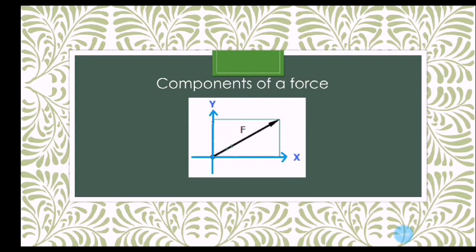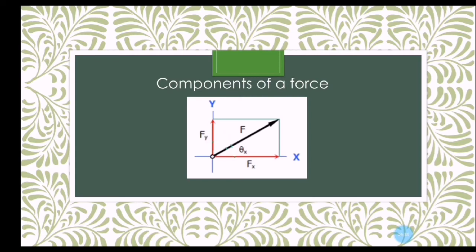First of all, I have the orthonormal system, xy. Second, I project F on the axis of abscissas and on the axis of ordinates. This is how I get Fx, which is the component along the abscissa axis, and Fy, which is the component on the y axis.